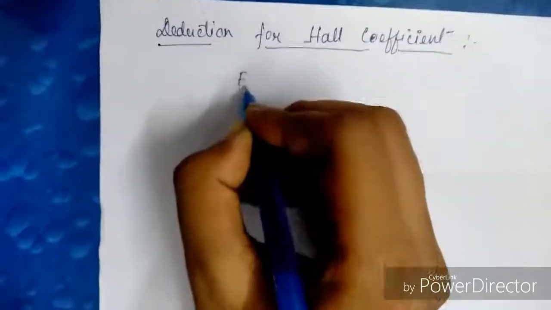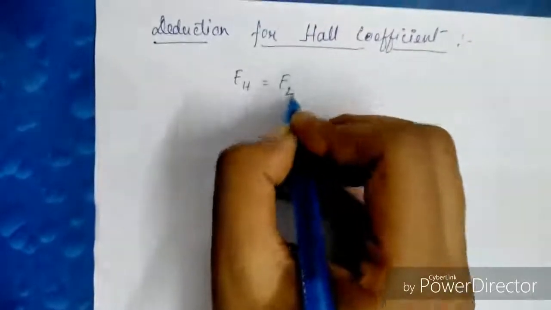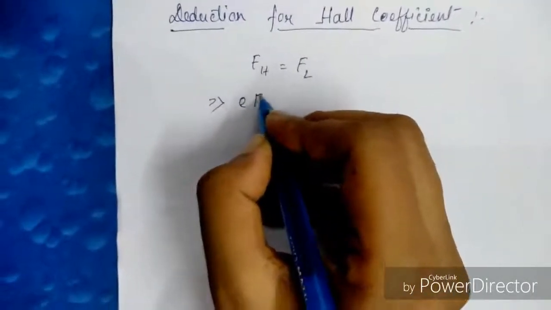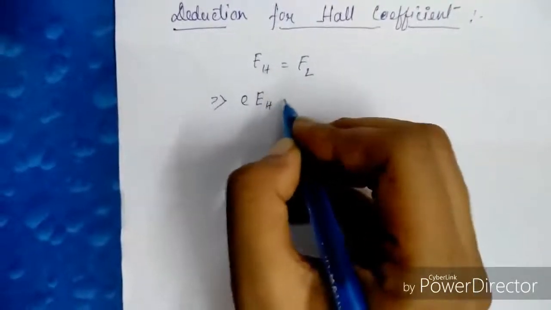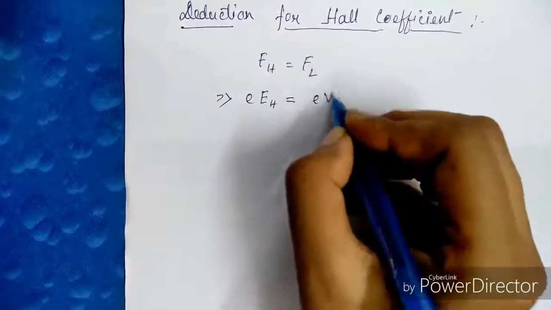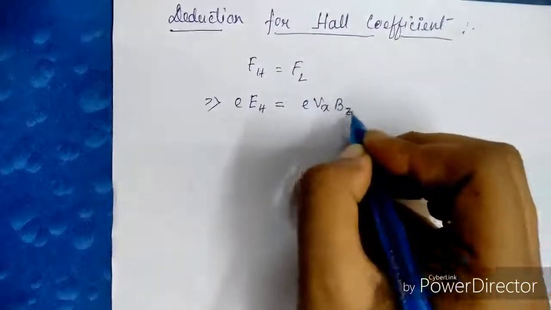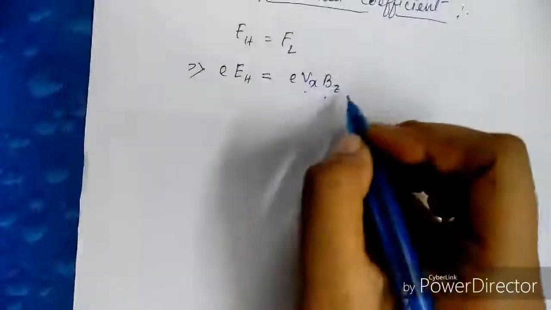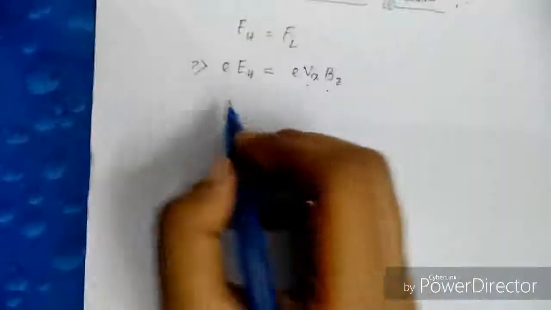In a steady state, Fh is equal to Fl, which gives e into EH, where EH is the field created by the surface charge, equal to e Vx Bz, where Vx is the drift velocity of the charge and Bz is the applied magnetic field in the z direction.